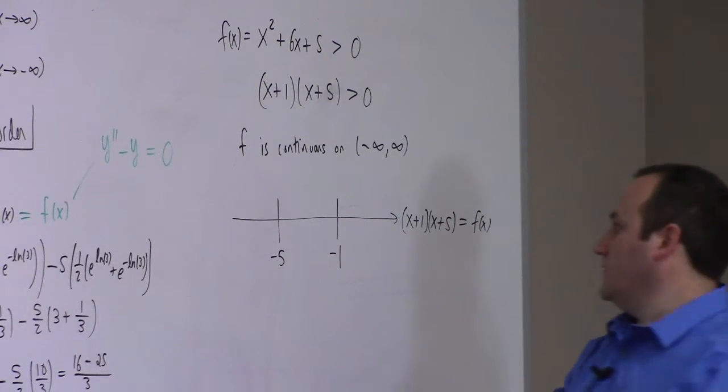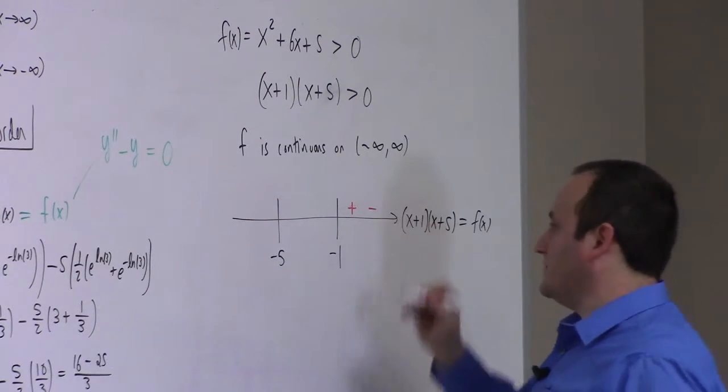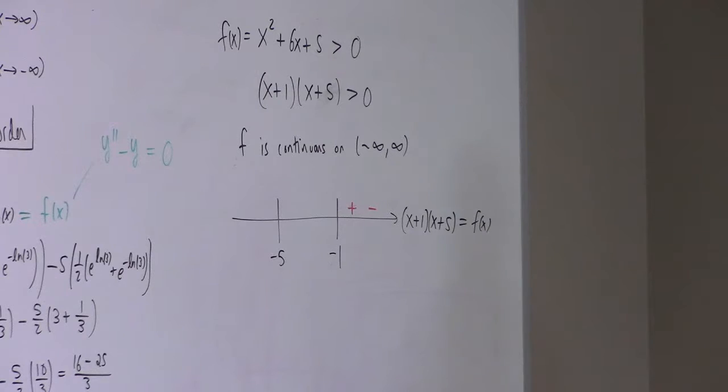For example, could I have a place here where it's positive and a place where it's negative beyond minus 1? What does the intermediate value theorem say? It says that if you pick two values for your function, then every other value between those two has to be attained by some number between the inputs to the function.